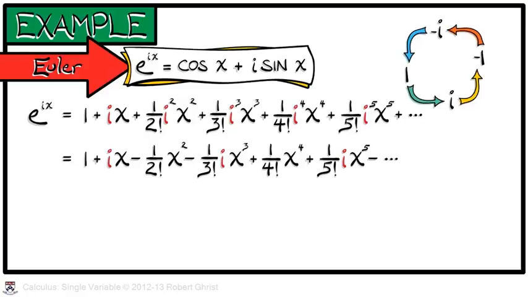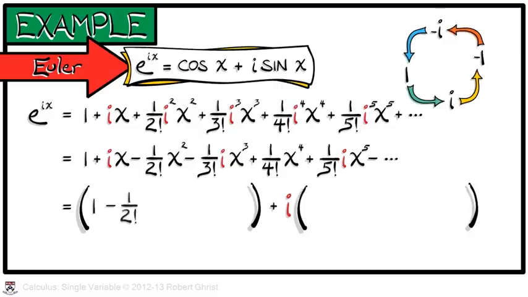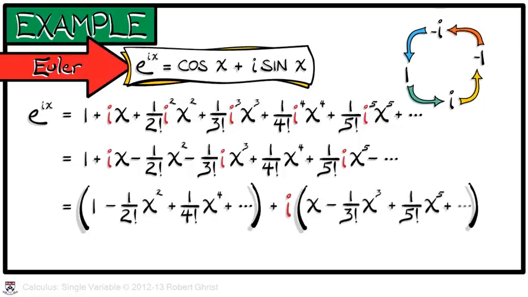with each term. Now, if we were to do what we do when we work with complex numbers and collect all of the real terms into one part and all of the imaginary terms into the other, then what would we obtain? Well, the real portion of this expression is 1 minus x squared over 2 factorial plus x to the fourth over 4 factorial, etc., with the signs alternating and with even powers of x.